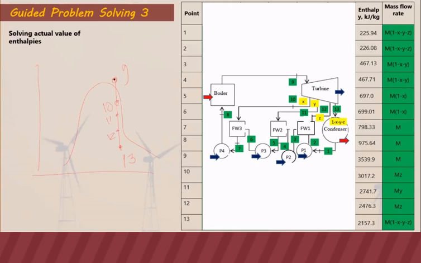It will have isentropic efficiency. It will deviate, meaning 10, 11, 12, and 13 will not be the same. So we have to compute the actual values of 10, 11, 12, and 13 as a result of the isentropic efficiency of the turbine.